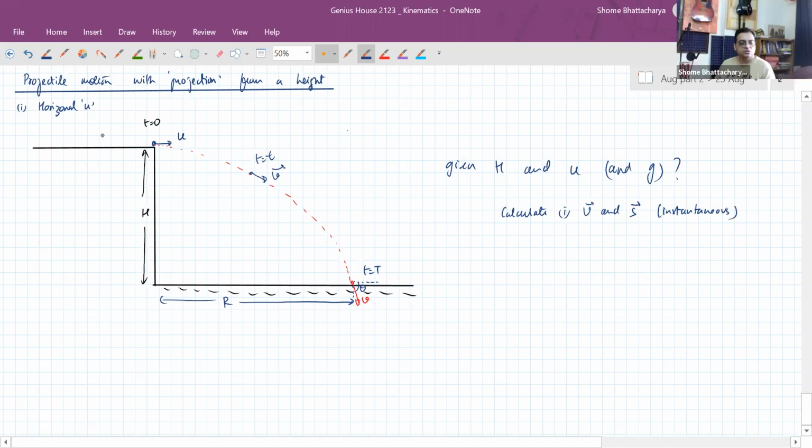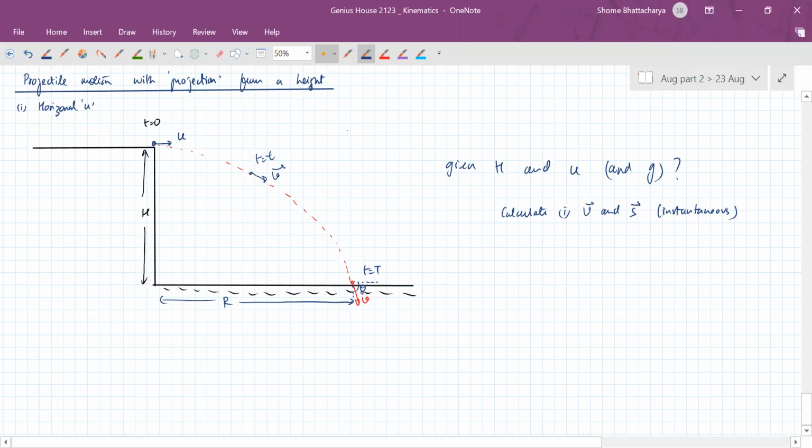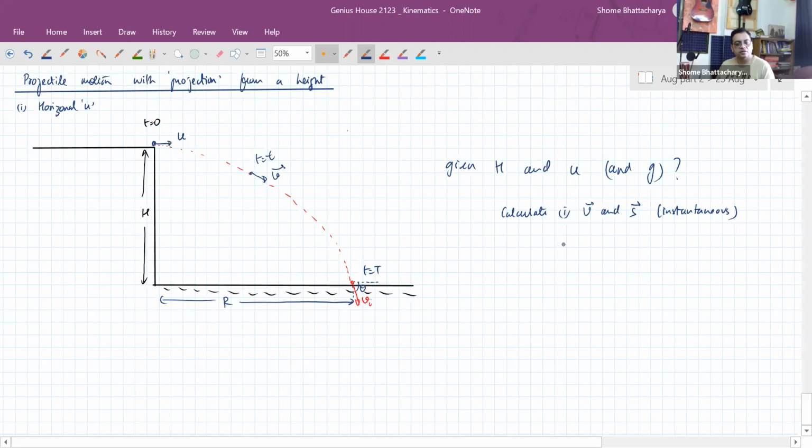Theta is the angle of the impact velocity with the horizontal, that is what we want to calculate. Then we can find the distance at which it hits the ground. We can find the impact speed, the angle of impact, the time at which it collides with the ground, all these things.